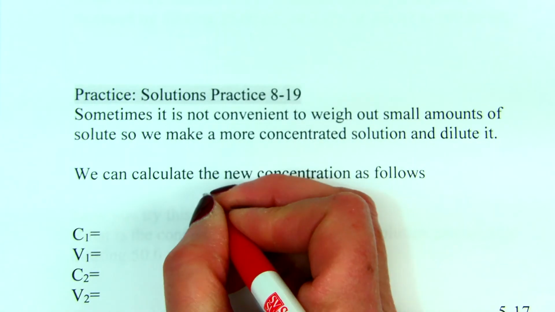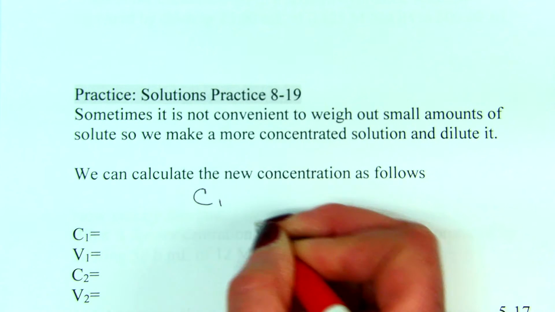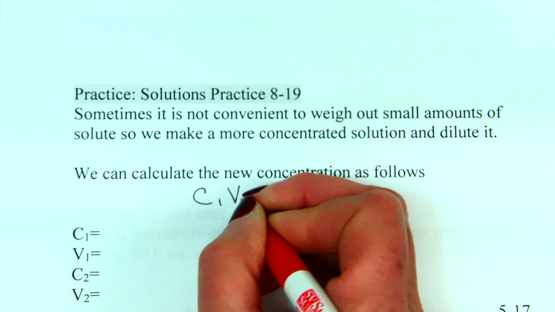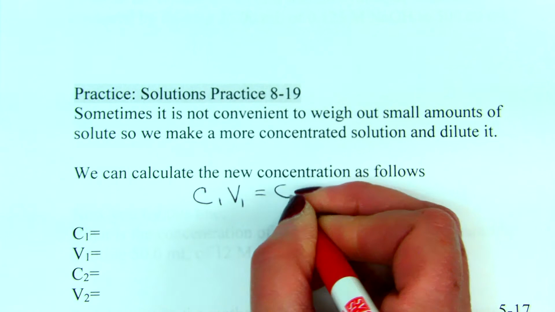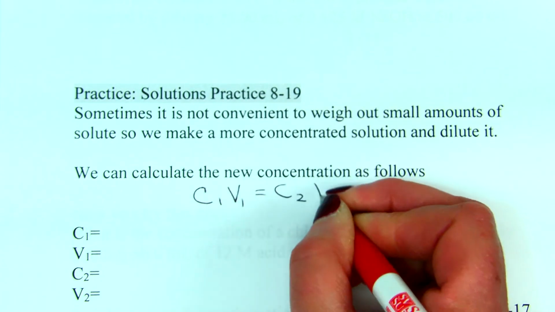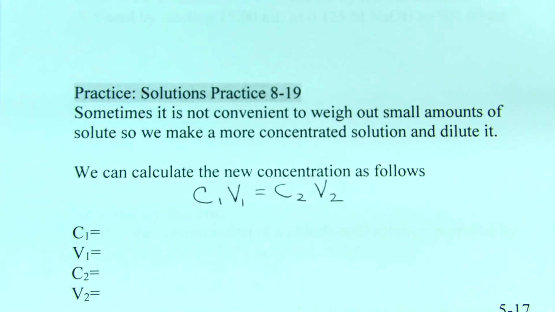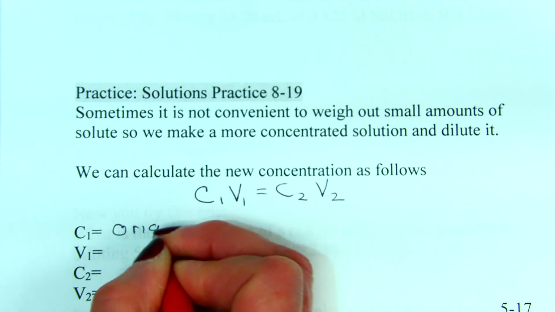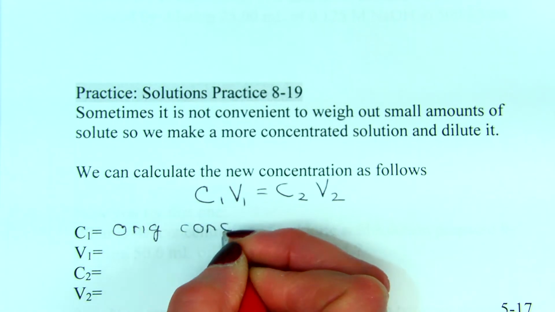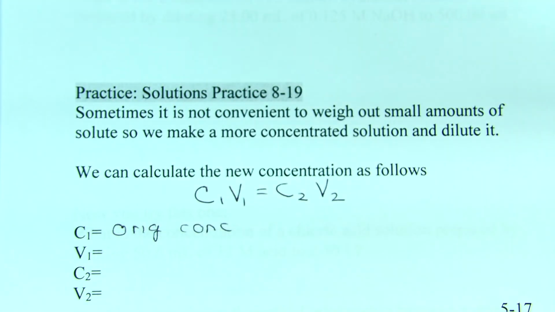And we say the original concentration, C1, times the volume of that original solution, V1, is equal to my new concentration, C2, times my new volume, V2. So my C1 is my original concentration, and I can use any concentration units I want.